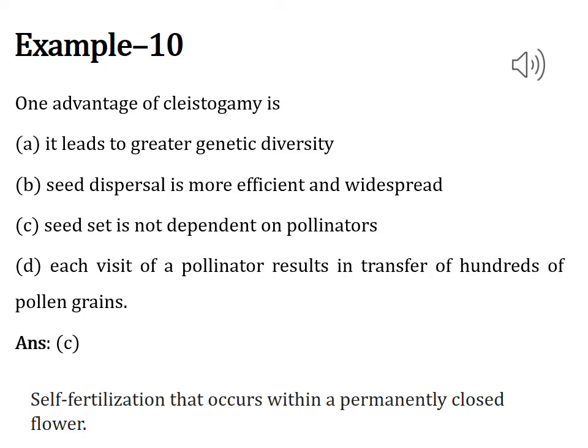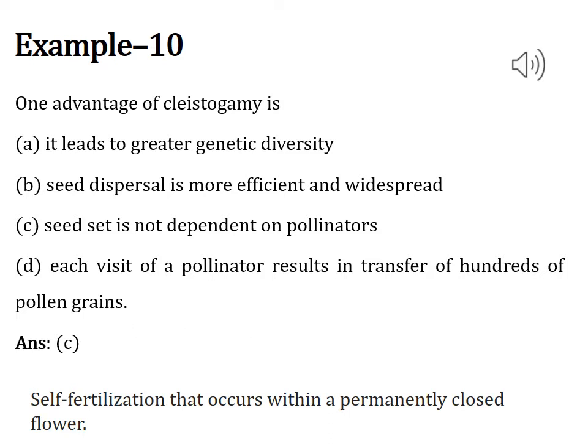First option, it leads to greater genetic diversity. B, seed dispersal is more efficient and widespread. This is also not right, because they are closed flowers, so cross pollination won't take place in these kinds of flowers. That's why option A is also wrong.